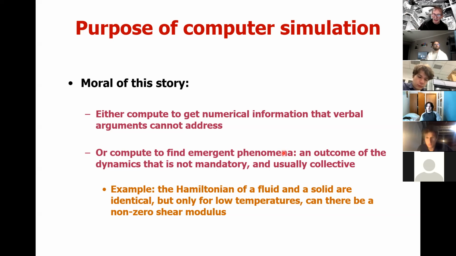That's a question about emergence and self-organization. And the point about it being not mandatory means that when you find it in a computer simulation, it arose not because you put it in, but because it came out.